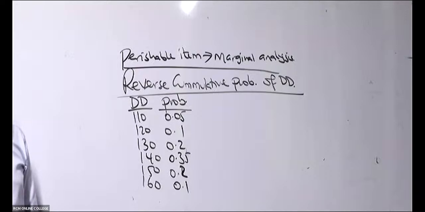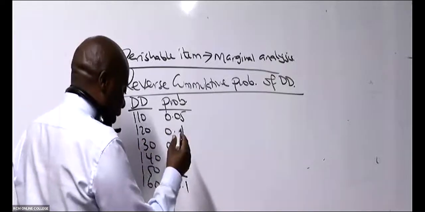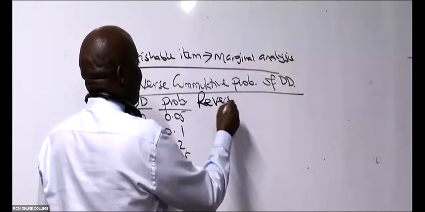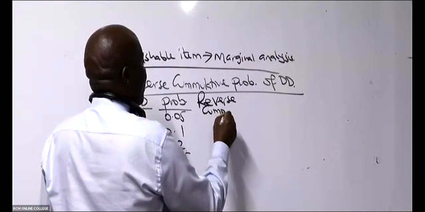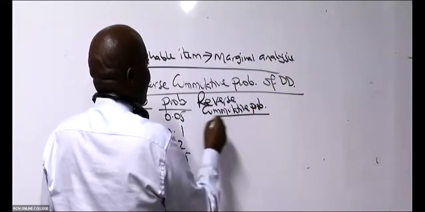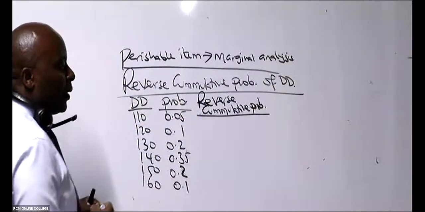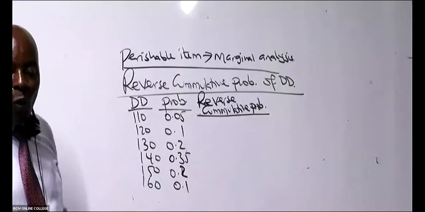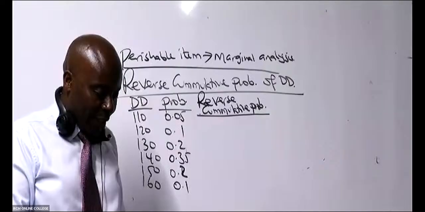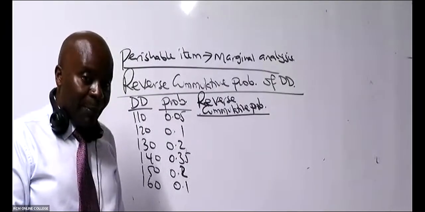All right. So then come and now give us, because it's a perishable good, what we call reverse cumulative probability. Reverse. Remember, in this case we want to succeed. Can somebody define success for us in light of a perishable item?